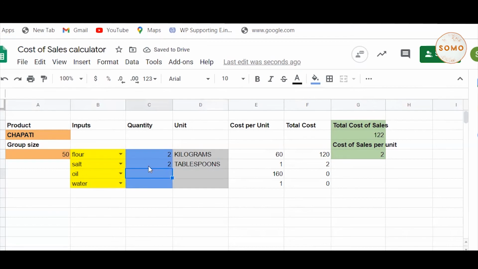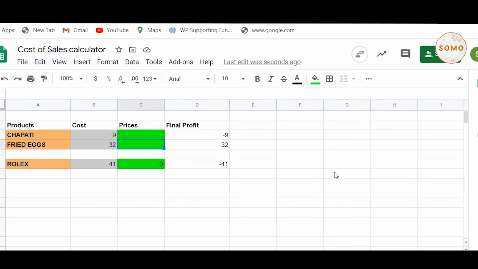In the case of oil, we'll need 2 liters. Lastly, in the case of water, we'll need 1 liter of water. The total cost of sales that goes into making 50 chapatis is 443 shillings. Therefore, the cost of sales per unit is 9 shillings.